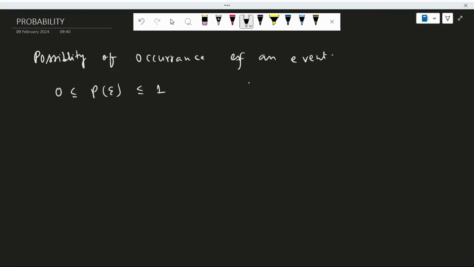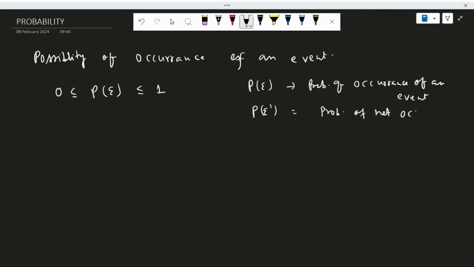If P(E) is the probability of occurrence of an event, then P(E not) is the probability of the event not occurring.